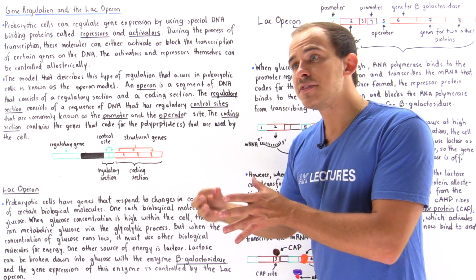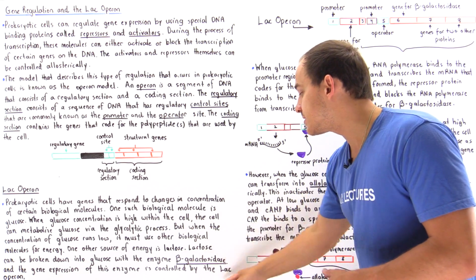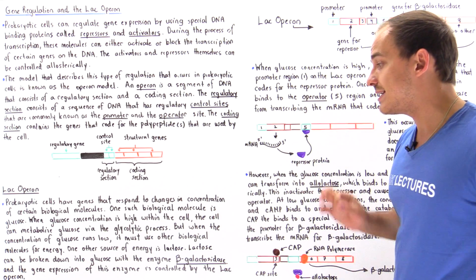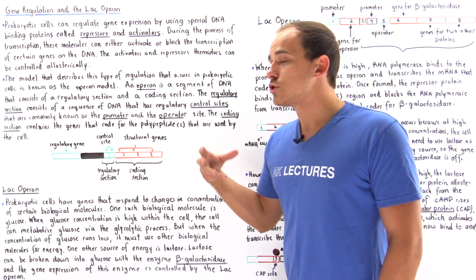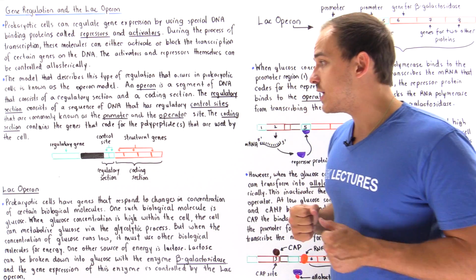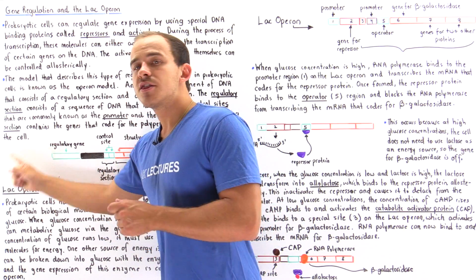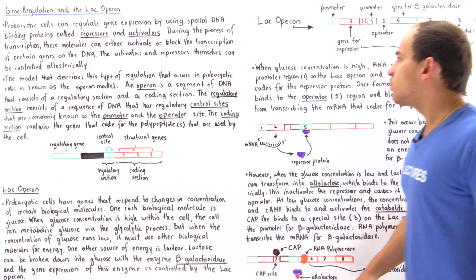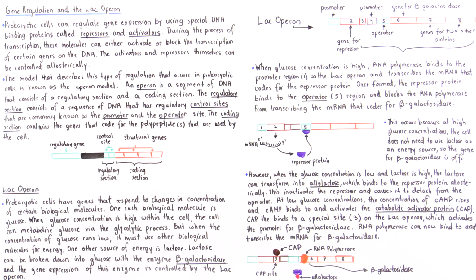So the synthesis of the enzyme beta-galactosidase is controlled by a special type of operon found on the DNA of the prokaryotic cell known as the Lac Operon. So let's take a look at the Lac Operon. The Lac Operon is basically this section here.